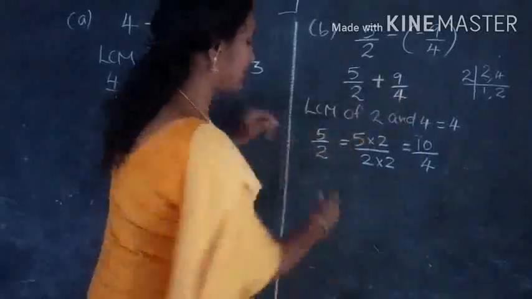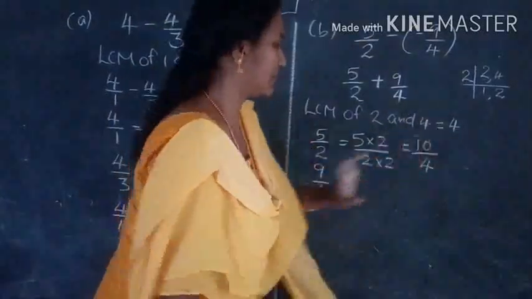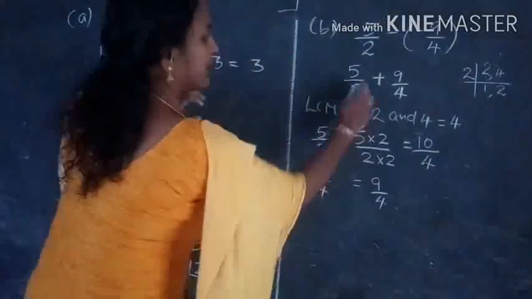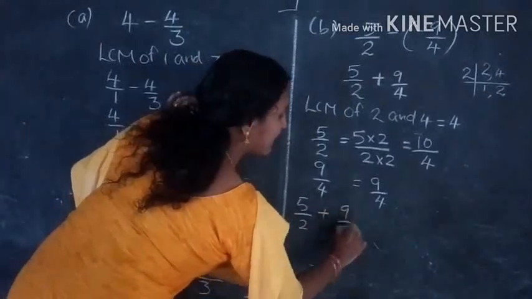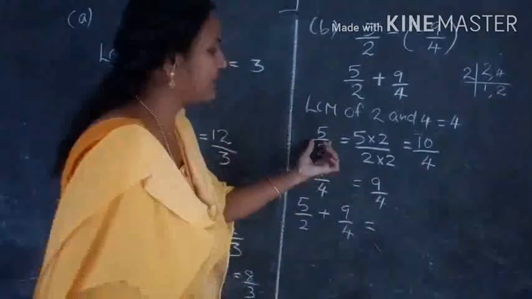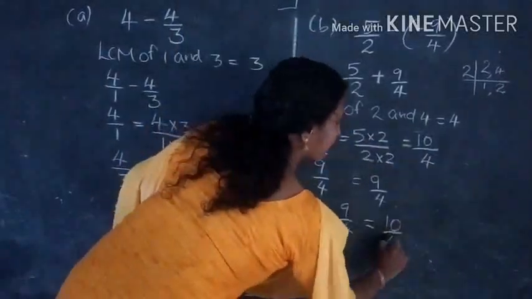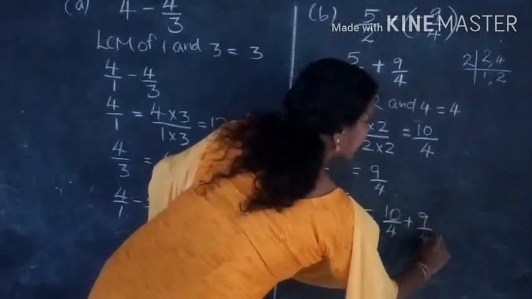Then the next fraction 9 by 4. Here the denominator is 4, so we write the same number, 9 by 4. Then 5 by 2 plus 9 by 4 is equal to 10 by 4 plus 9 by 4.